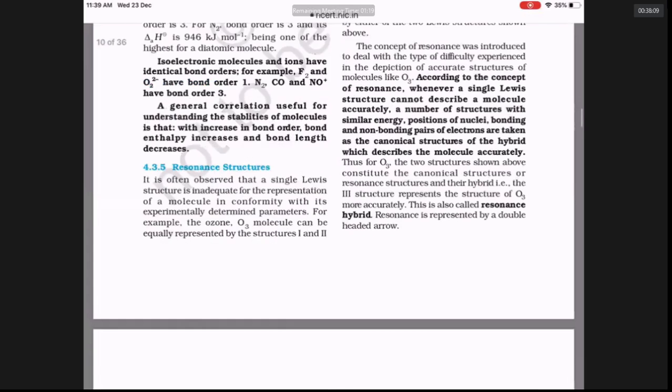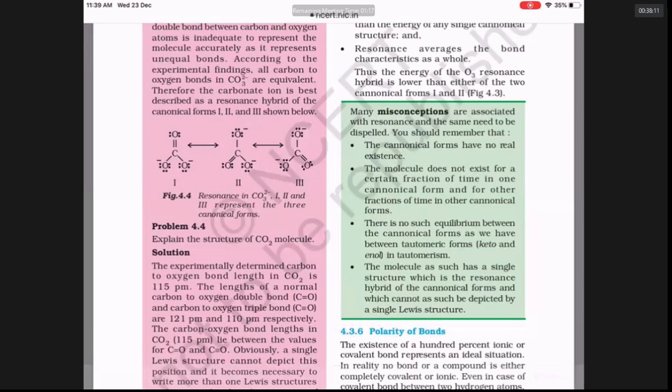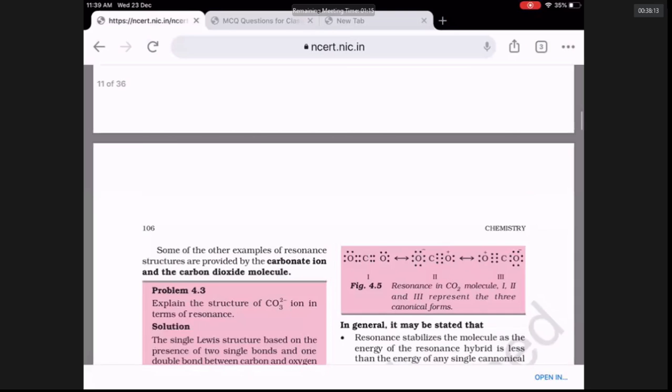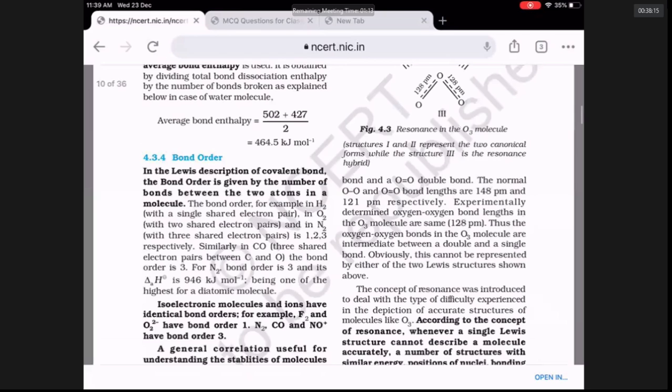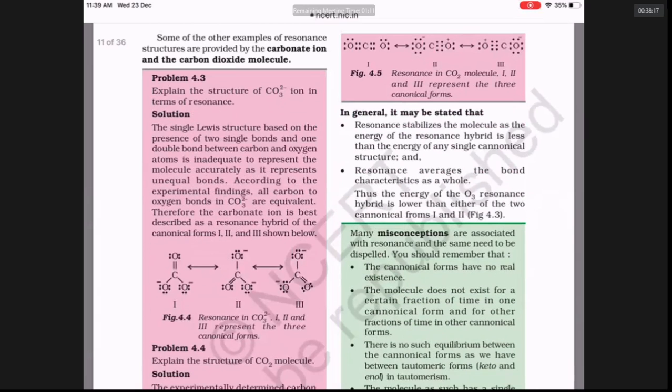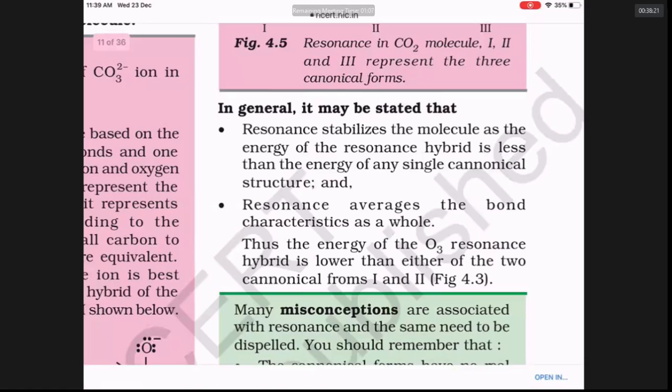In carbonate, you can see 3 resonance forms. In ozone, you can see 2 canonical forms. So like that. The resonance stabilizes the molecule as the energy of the resonance hybrid is less than the energy of any single structure. Resonance averages the bond characteristics as a whole.